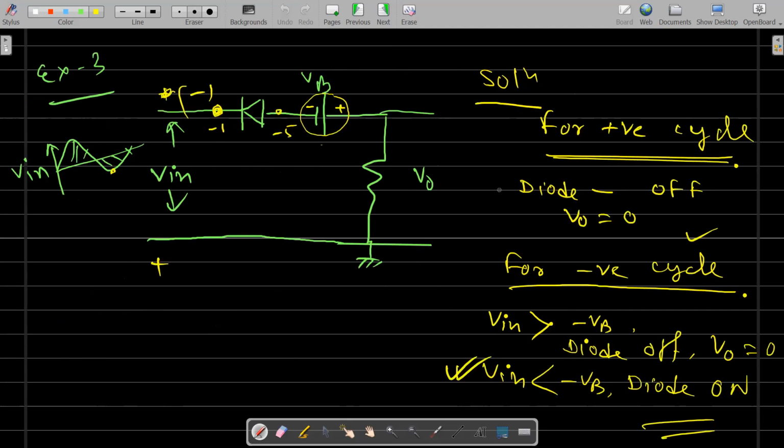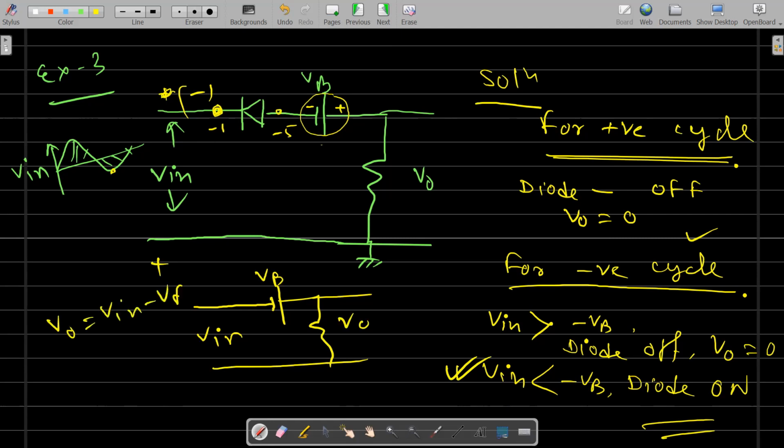Replace the diode by a short circuit, put the battery here, and the circuit becomes like this. Now apply KVL: Vin equals VB plus V0, so V0 equals Vin minus VB.